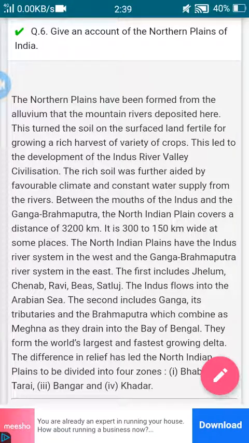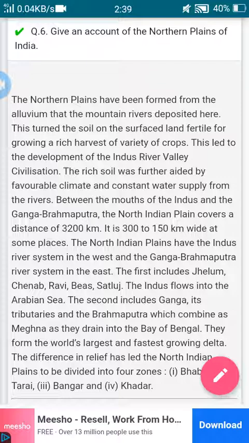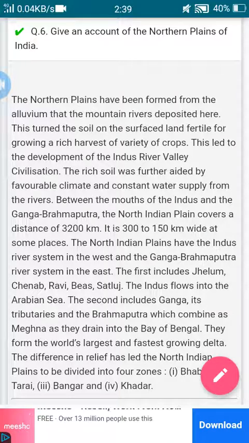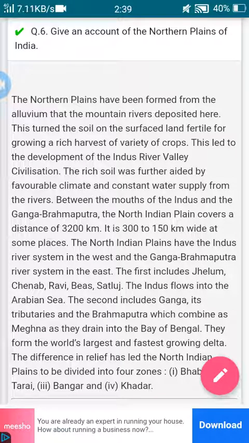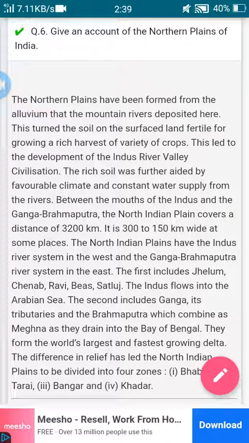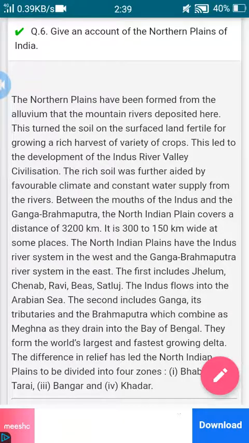The North Indian plains have the Indus river system in the west. The first includes Jhelum, Chenab, Ravi, Beas, Sutlej. The Indus flows into the Arabian Sea.